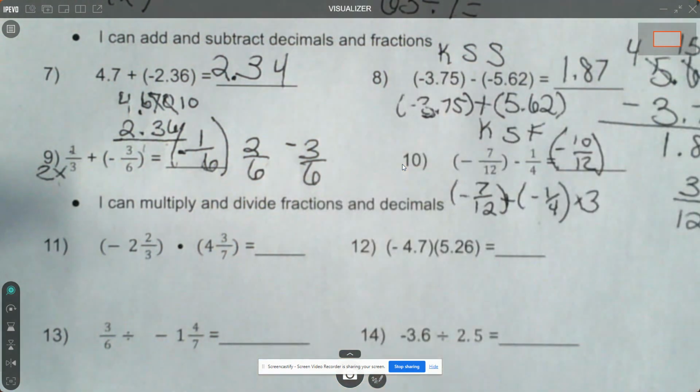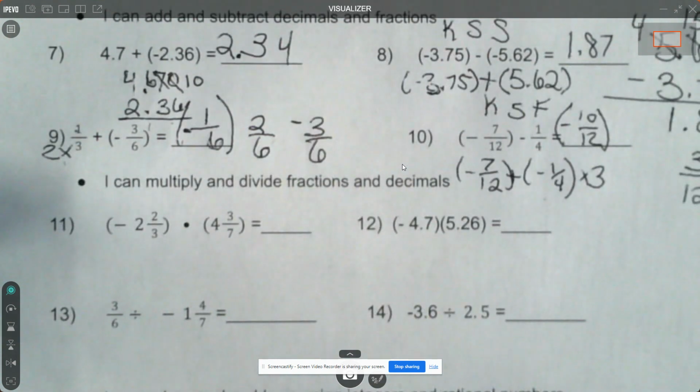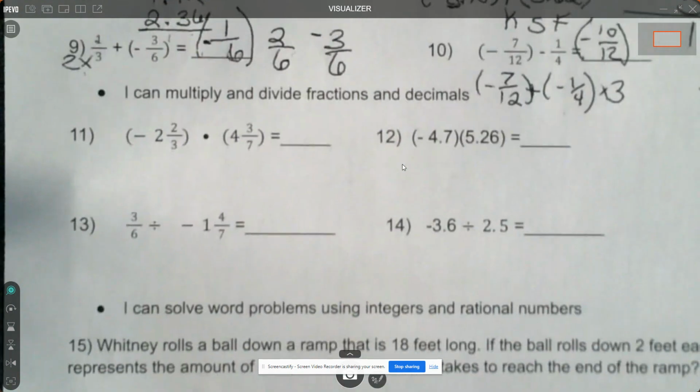Okay, so do the little thumbs up, thumbs down thing. How do we feel about adding and subtracting decimals and fractions? Yeah, fractions aren't the best. Fractions are a little tough, but we'll get through it, I promise. So tomorrow, there won't be too many fraction questions on your test, just a few.